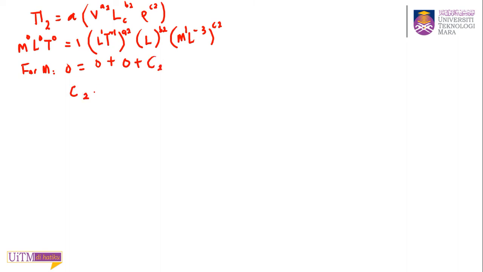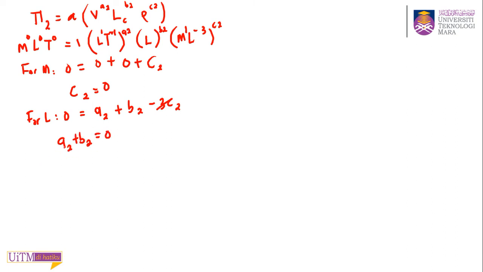So C2 will be equal to 0. C2 is 0, okay, that's for M. And for L, 0 equals 1 times A2, plus B2, and another L here, minus 3 C2, and we know C2 is 0, so A2 plus B2 will be equal to 0.